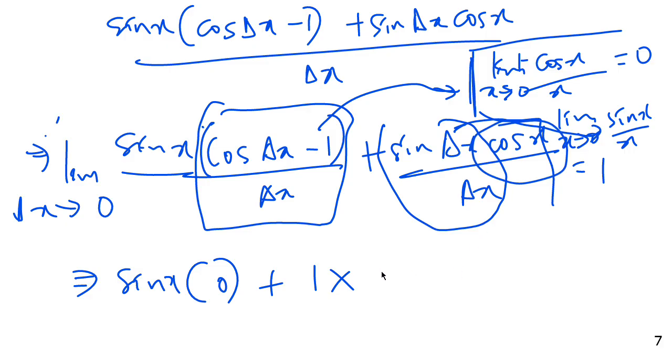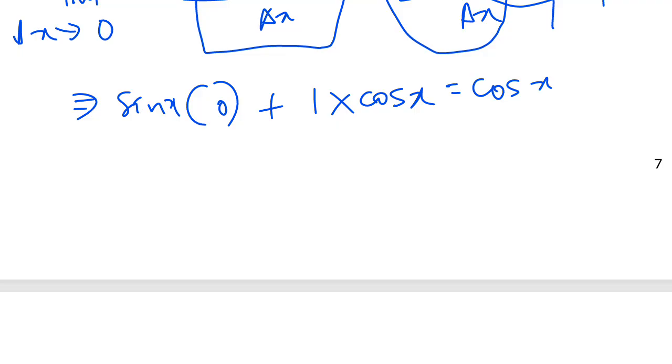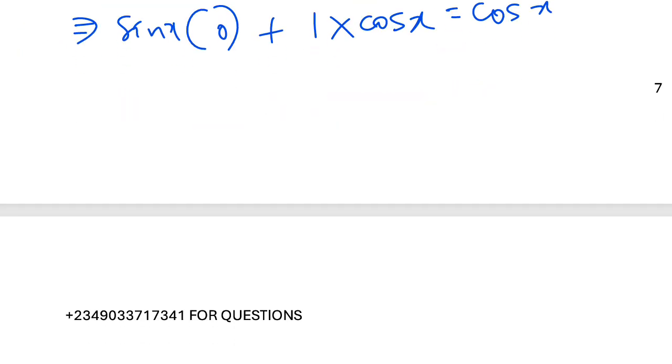I hope you can see clearly. Sorry if you can't see clearly. So we are now left with 0 plus 1 times cos x, that's cos x. That explains why the differential of sine is cos. And then you can apply this to other trigonometric ratios and evaluate the answer. So let's move on with this stuff right now.